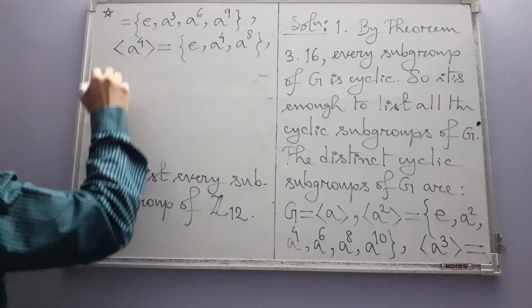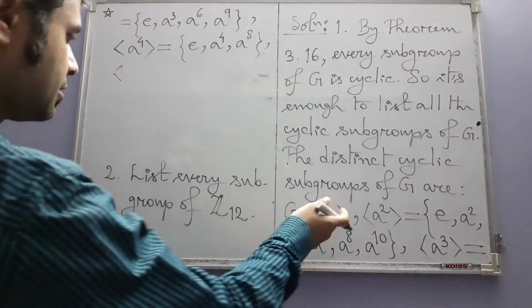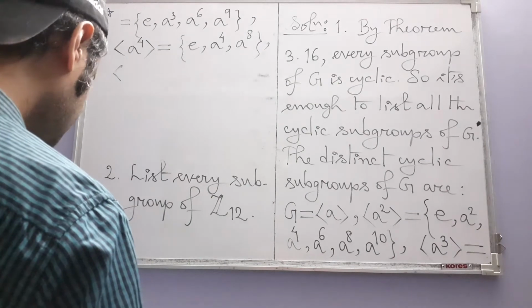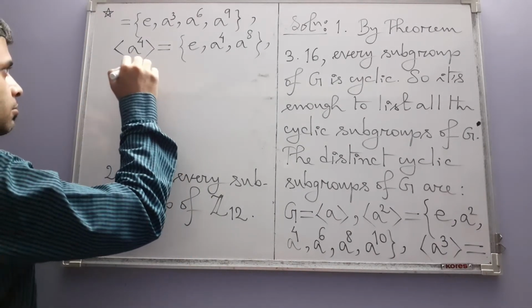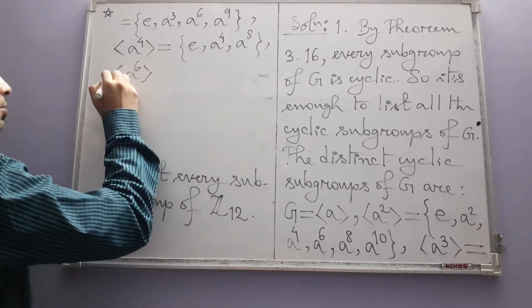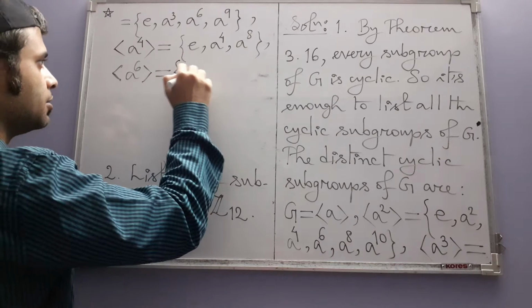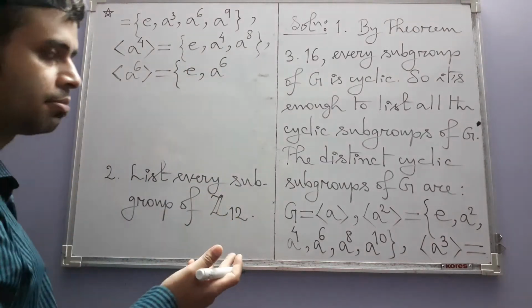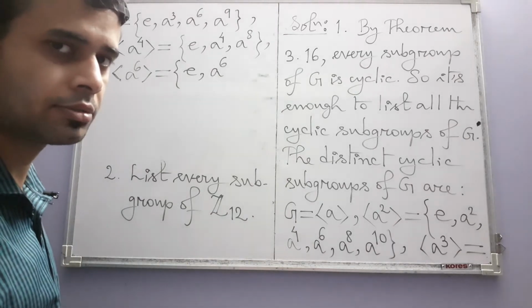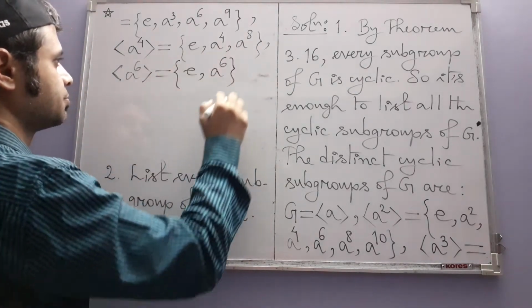So we leave A to the power 5 because that is going to be G. Instead, we look at A to the power 6. So its elements will be E and A to the power 6, because the square of A to the power 6 is again identity because A to the power 12.